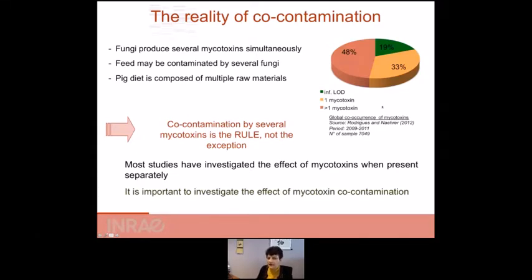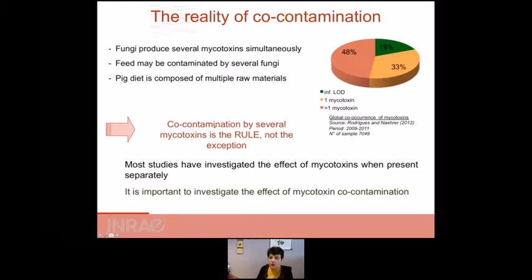And this is, for example, a survey that has been done almost 10 years ago on more than 7,000 samples. And in this survey, it indicates that about 20% get low level of mycotoxin below the limit of detection. That 33% in this sample was one mycotoxin, but in 48%, they detect more than one mycotoxin.